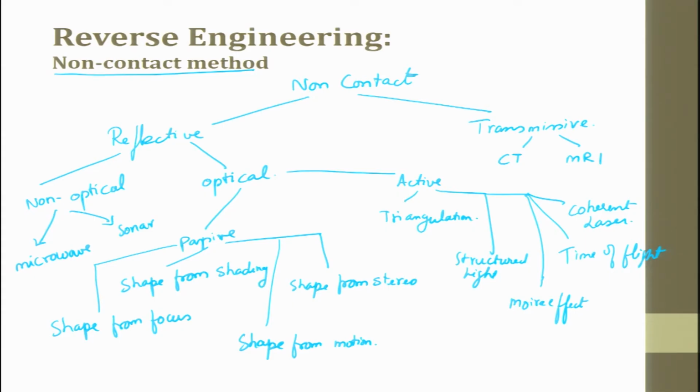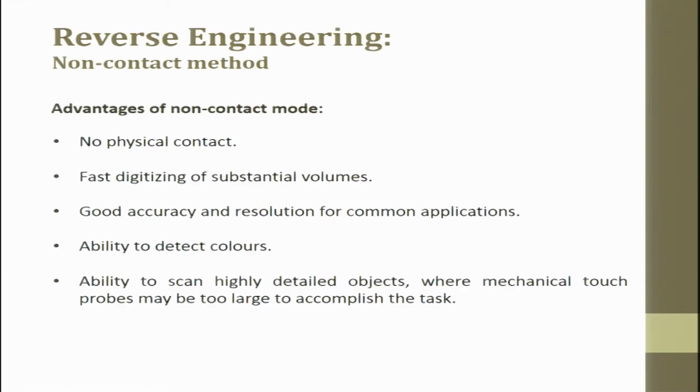So, passive is shape from stereo, shape from shading, shape from motion, shape from focus. When you talk about active, the triangulation technique, structured light, Moire effect, time of flight, or coherent laser radars are used as non-contact techniques for doing reverse engineering. So, what are the advantages of non-contact as compared to contact?